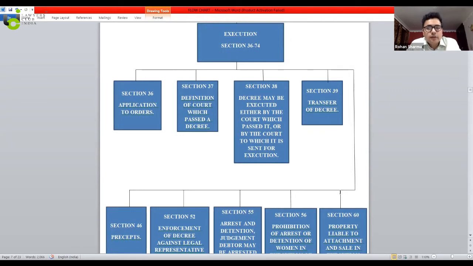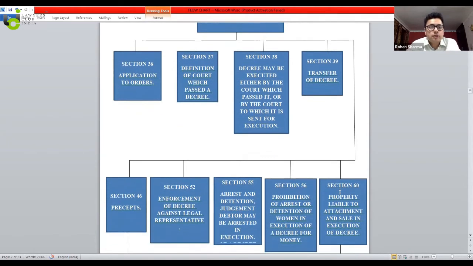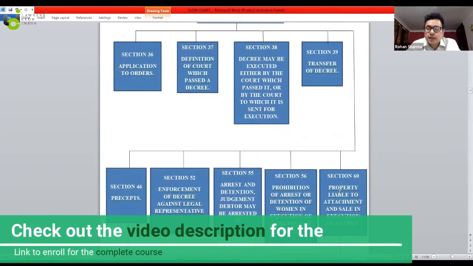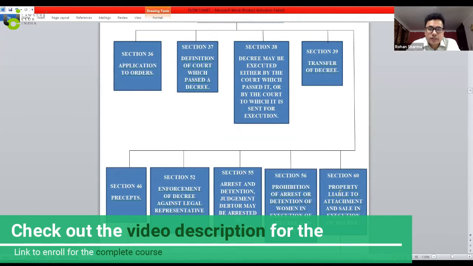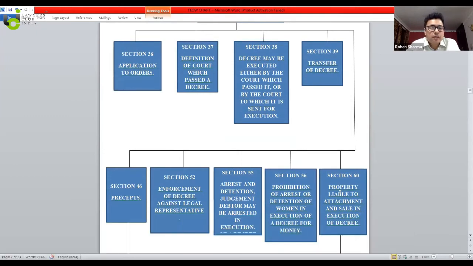In what manner these execution proceedings are to be carried out, in what manner the orders have to be framed, which court has the power to pass the execution of a decree, where this plea may be raised, what will happen in case there is a judgment which has been passed by one specific court and the property which has to be attached lies within the jurisdiction of a different court.